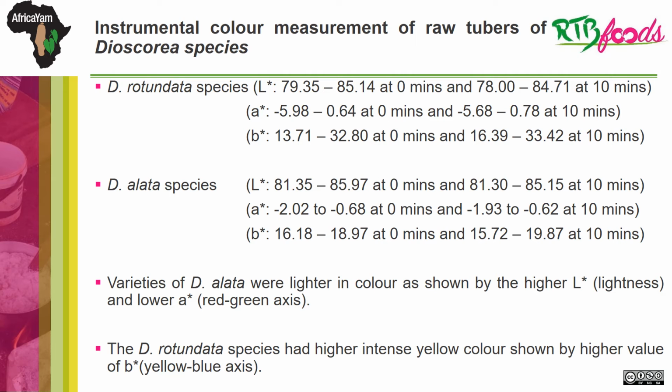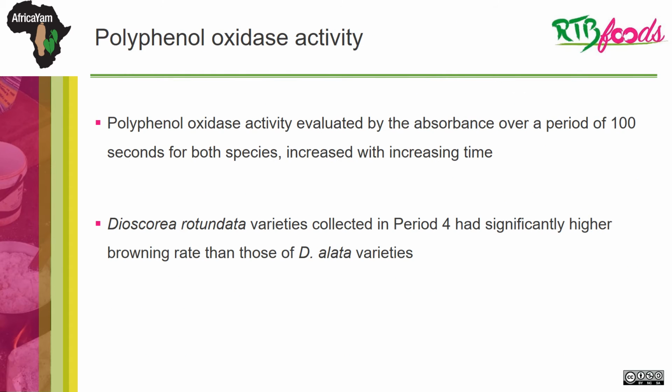So as I said earlier, the D. alata for this set of yams were lighter in color, whereas the D. rotundata were creamish and an intense yellow color, as shown by the higher value of the b index. The a index measures the red to green axis, and the b measures the yellow to blue axis. The L measures the lightness or the whiteness of the yam.